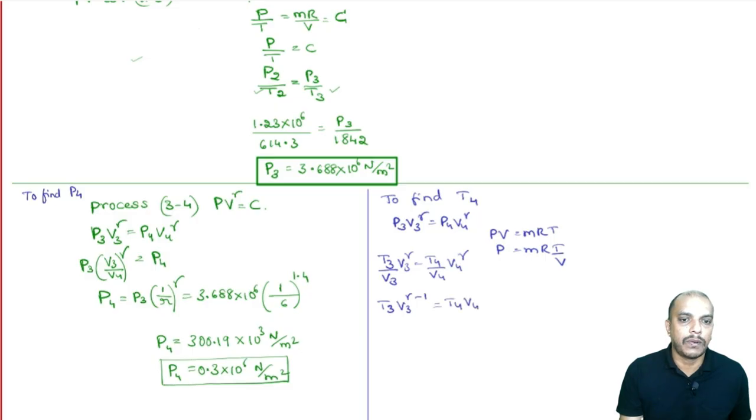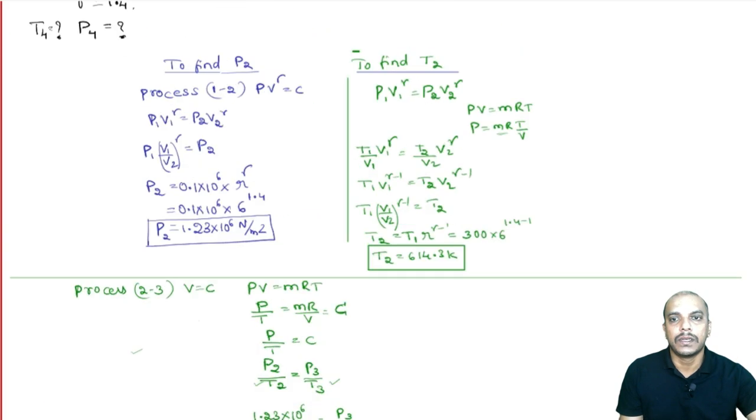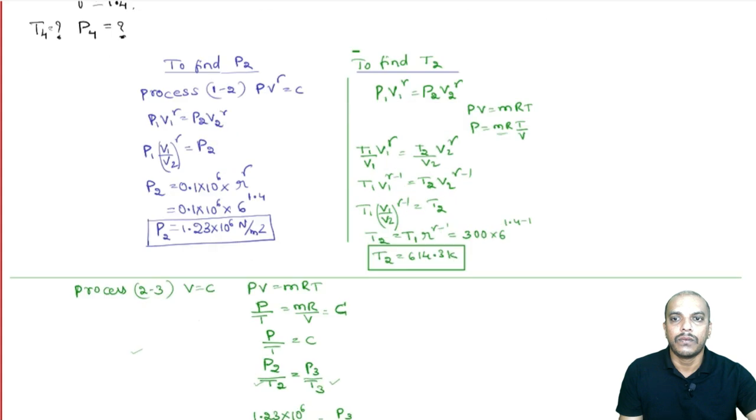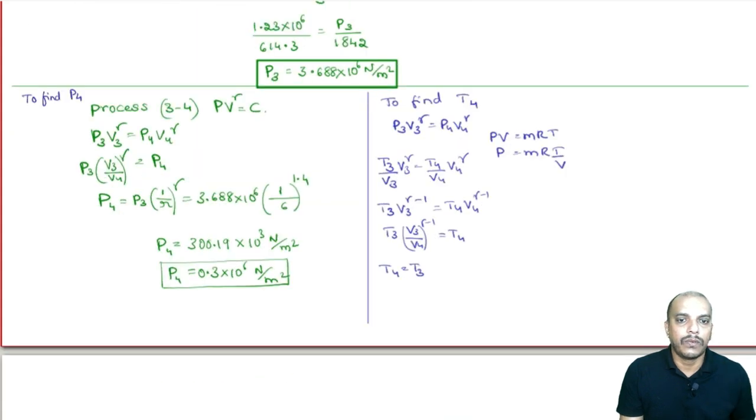Similarly, T4 V4 power gamma minus 1, and then T3 (V3 by V4) whole power gamma minus 1 gives T4. Therefore, T4 is equal to T3 times (V3 by V4) whole power gamma minus 1. Now, what is V3 by V4? Just check. V3 by V4 is 1 by r, so 1 by r whole power gamma minus 1.